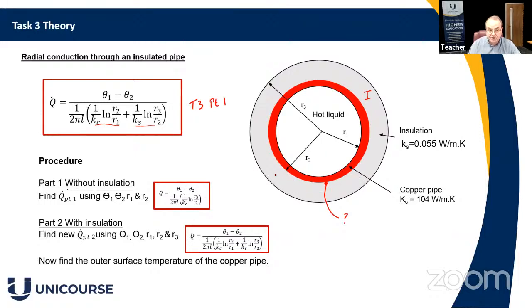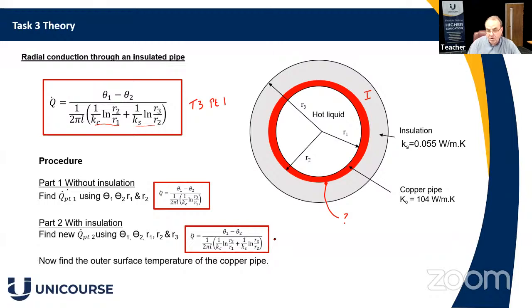We'll have a lower value of Q than we would in part 1, which is the reason for insulation anyway. So you've got to find a new Q for part 2. This time you're using theta 1, theta 2, R1, R2, and R3, which is equation 1. So I've written that down there.